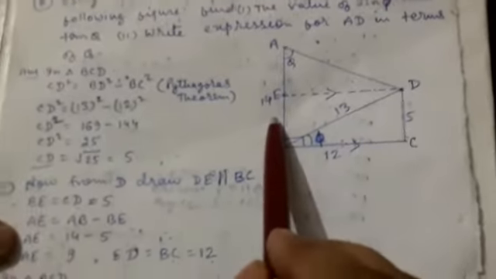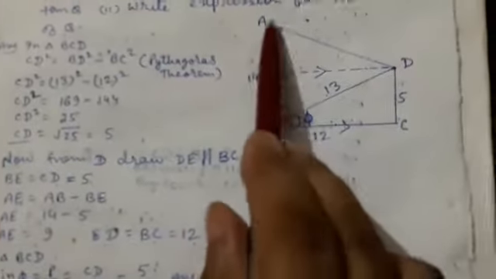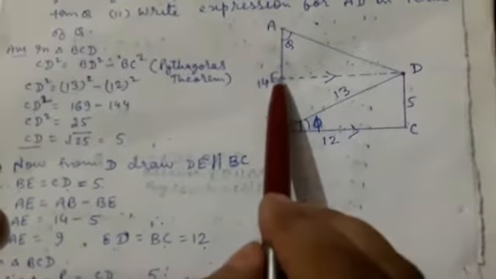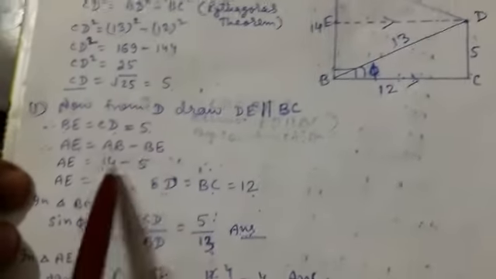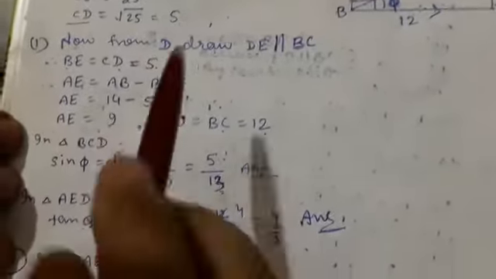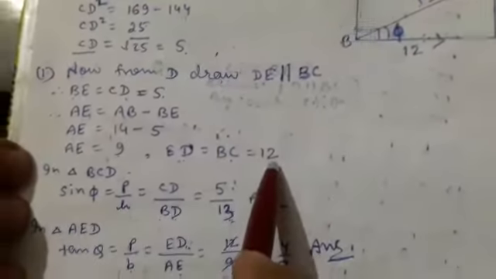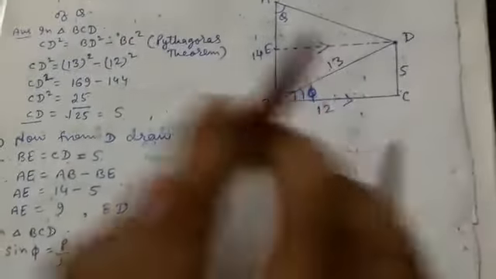So this is 5. So therefore AE is equal to what? If AB is equal to 14 centimeter, then AE is equal to AB minus BE, which is equal to 14 minus 5. So AE is equal to 9. Now ED is equal to BC is equal to 12 centimeter, because both are parallel and equal.